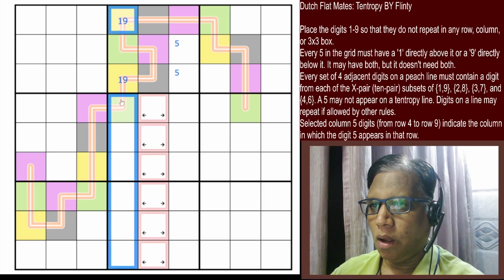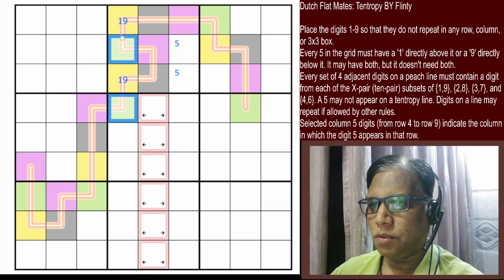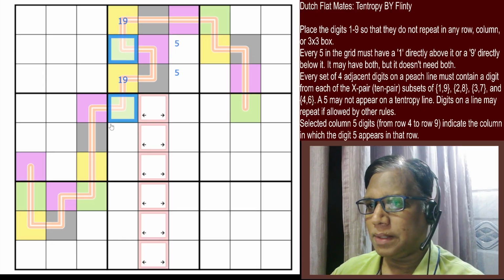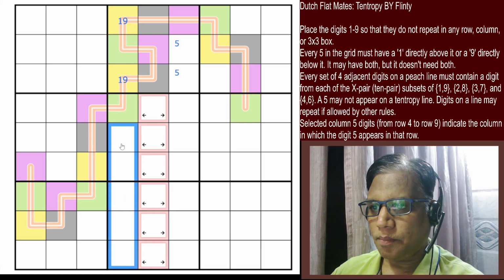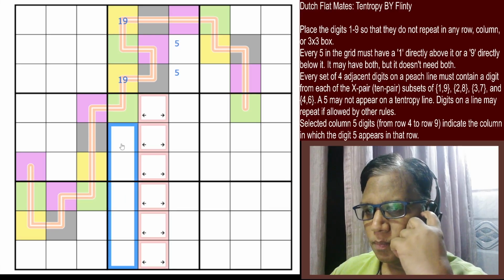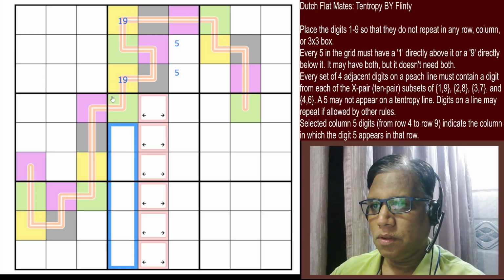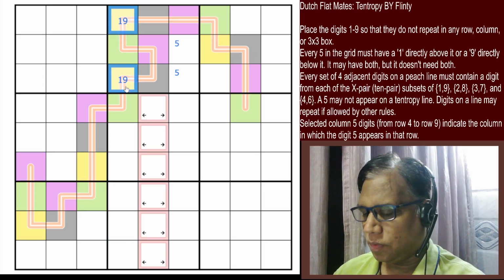So where could it be? These cannot be 5, because we know this entropy line cannot have 5. So 5 is somewhere here, but now you do not have any 1 or 9 to accomplish this 5. So definitely yellow is not 1 or 9.